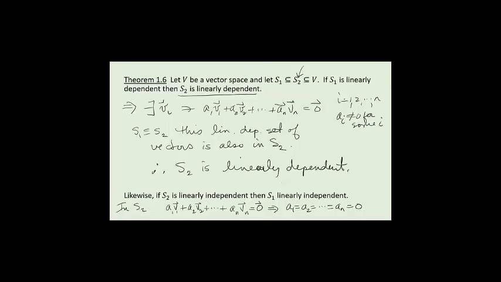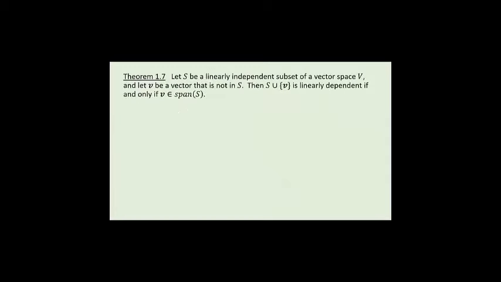Well, then certainly if we pick any subset of vectors in S1, if we change this to S1 here, this is also a set of vectors in S2. So if we pick these vectors in S1, the linear combination equal to 0 has only the trivial solution because those vectors are also in S2.